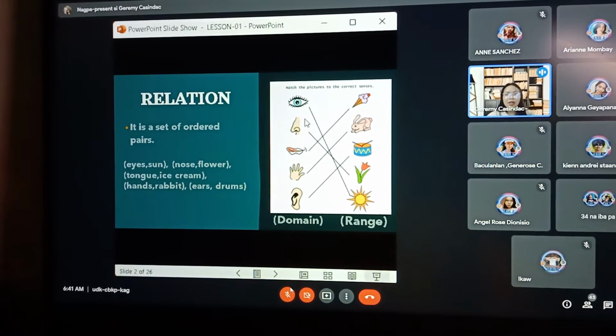Each item in an ordered pair, in column A and B, is called an element. Again, in the matching type, column A is the domain, column B is the range, and all these items are called elements.